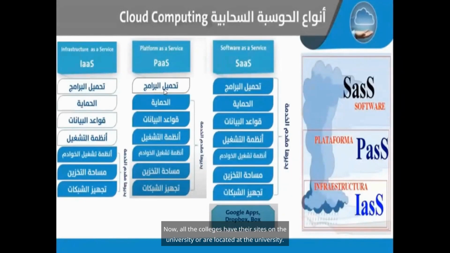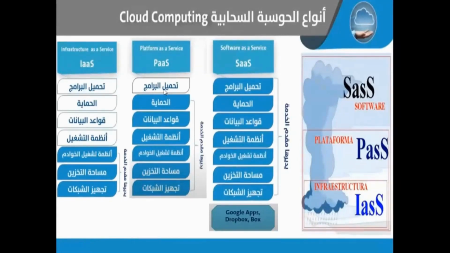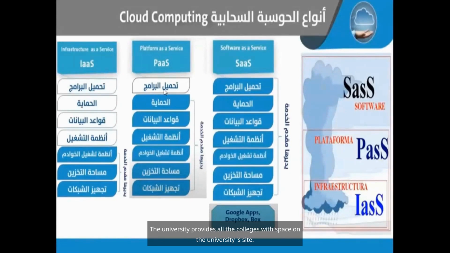Now, all the colleges have their sites on the university or are located at the university. The university provides all the colleges with space on the university site. No, we were the first in the college to rent out outdoor space. There was a specific company, and we would have them host our site on that space. It was like we were paying around 300 reals a year to host our site. But you would always see the company's name first in the address, and then the name of our site.